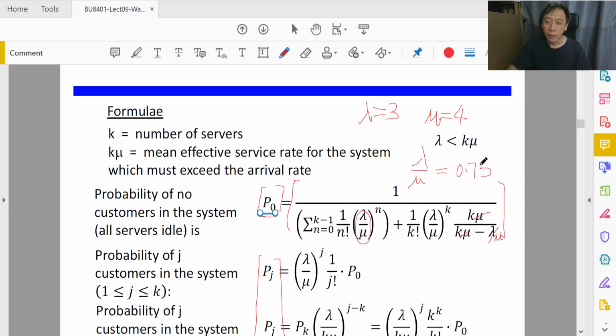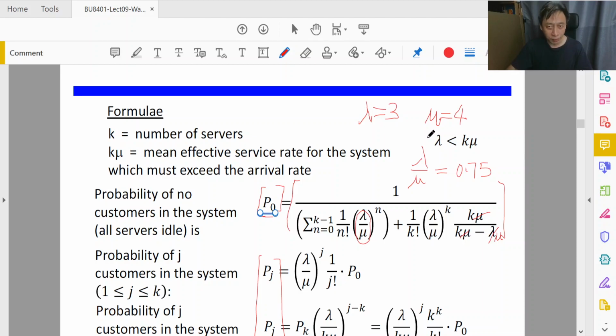Actually, this is not a good example, because when lambda is already less than 1 times mu, there's no good business reason to deploy more than one server, unless there are other reasons such as impression to the customer and quality of service, other angles of assessing whether the system is good or bad.